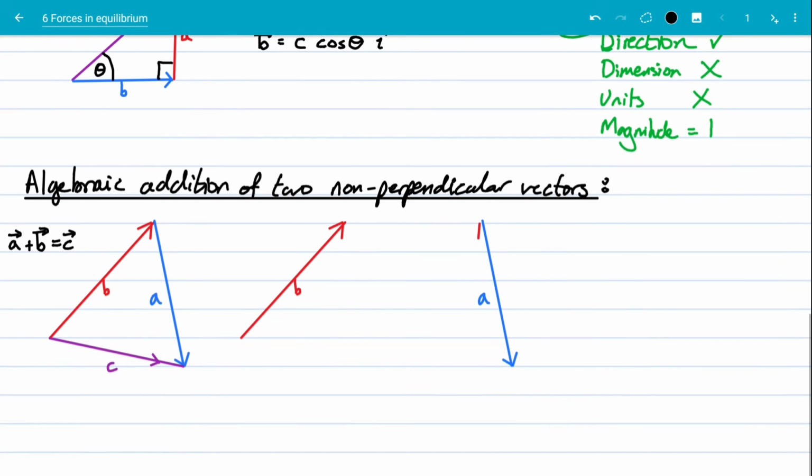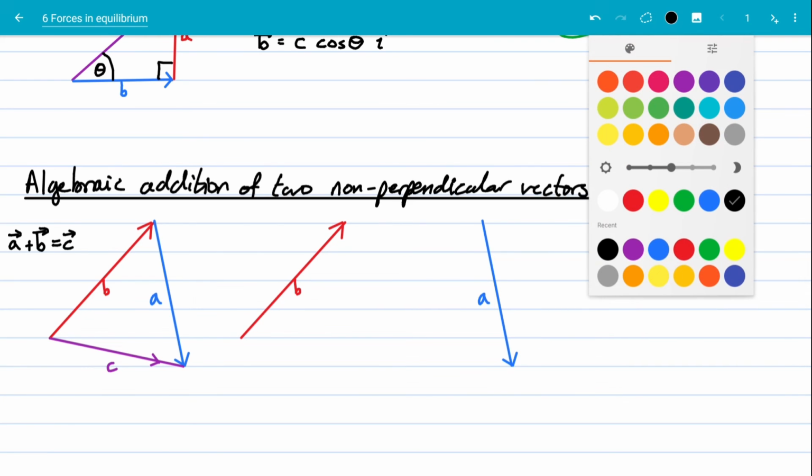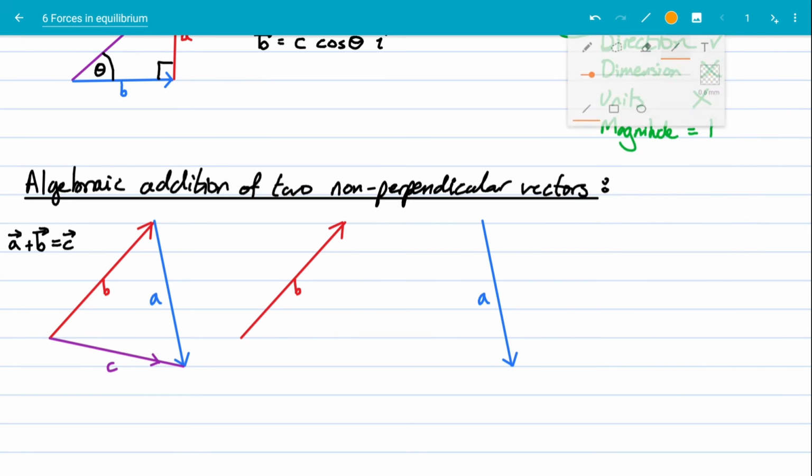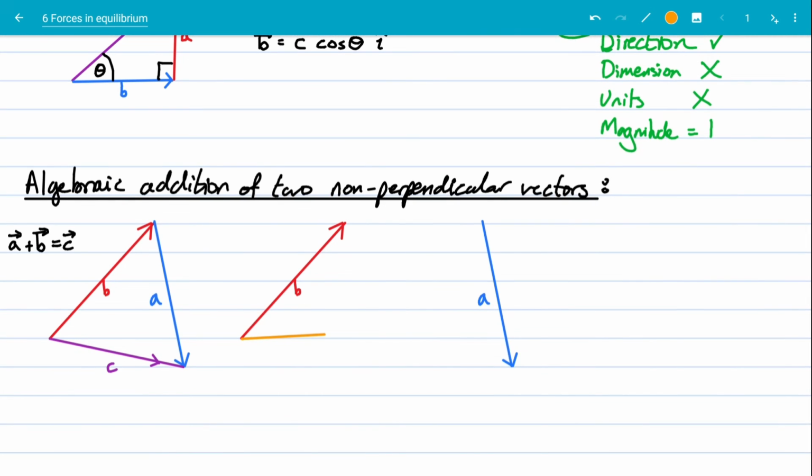So I could find the component of A that's parallel to B and the component of A that's perpendicular to B. But to actually show how to do this, it can be slightly easier to just work out horizontal and vertical components. So let's do that.